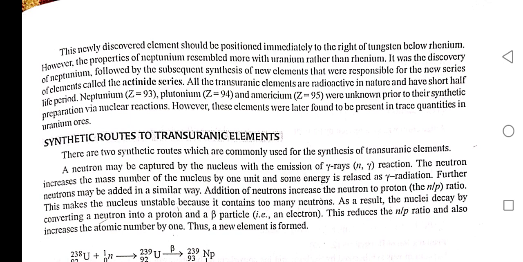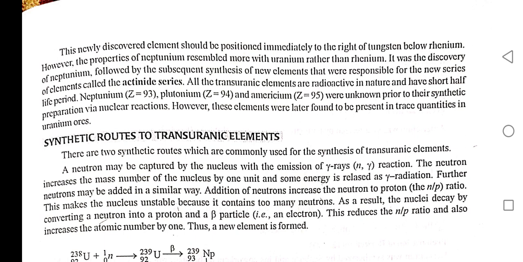However, the properties of neptunium resemble more with uranium rather than rhenium. It was the discovery of neptunium, followed by the subsequent synthesis of new elements, that was responsible for the new series of elements called the actinide series.